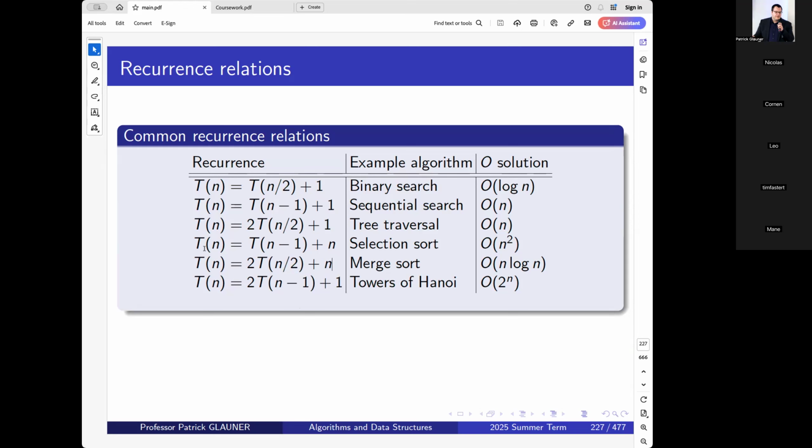Can we apply the master theorem to this one here? T of n is T of n minus 1 plus 1. If you think so, a positive reaction. If you don't think so, negative reaction. I'd like to see some more responses.